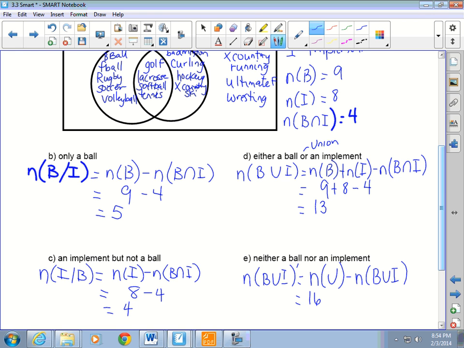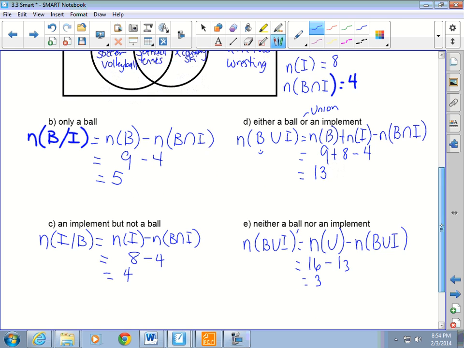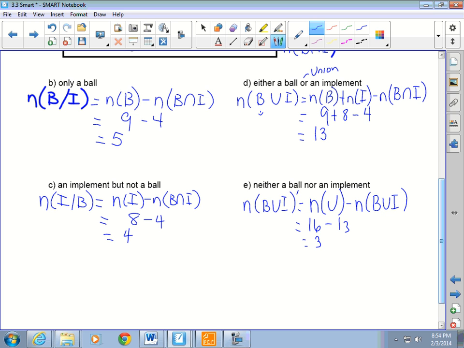So that's 16 minus my 13 from here, so that's 3. So this is just to show you how to solve using our different terminology.